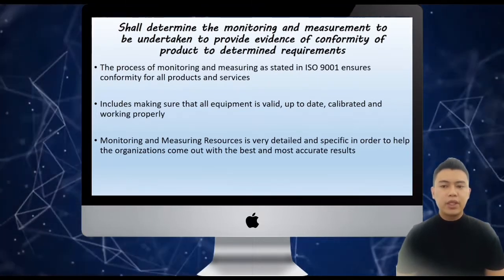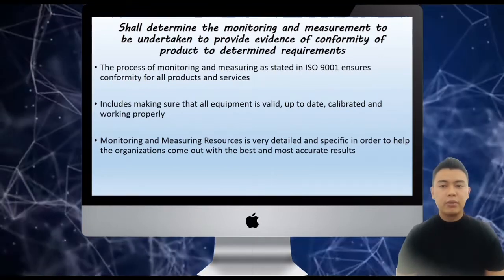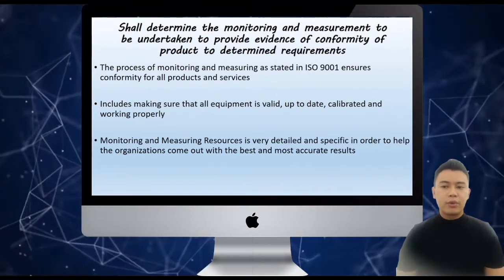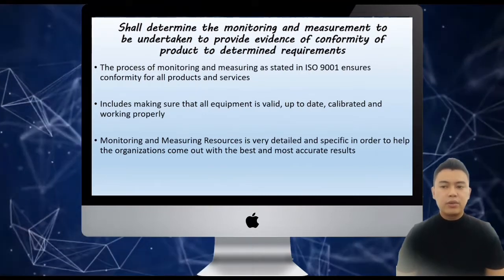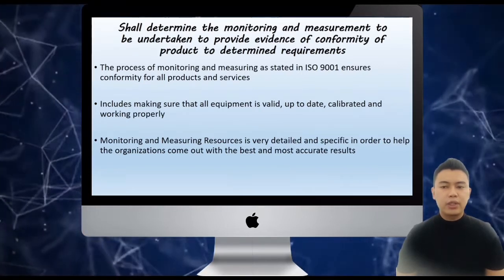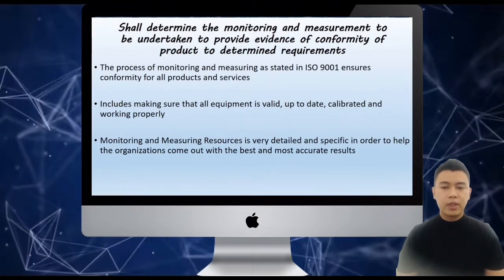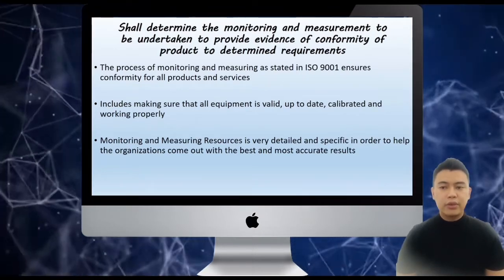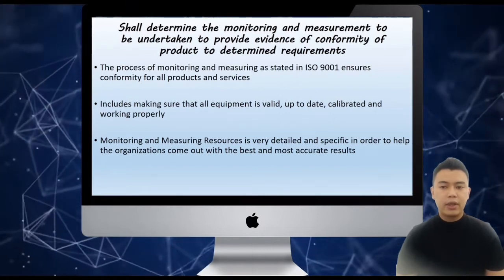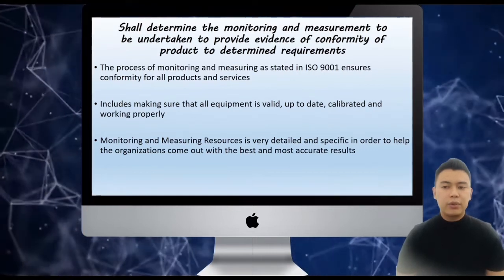The main objectives of the monitoring and measuring resource process are to determine the resources needed for accurate results, to provide resources, to measure, to verify product and service against requirements, as well as to document results for monitoring. Monitoring and measuring resources is very detailed and specific in order to have the organization come out with the best and most accurate results.